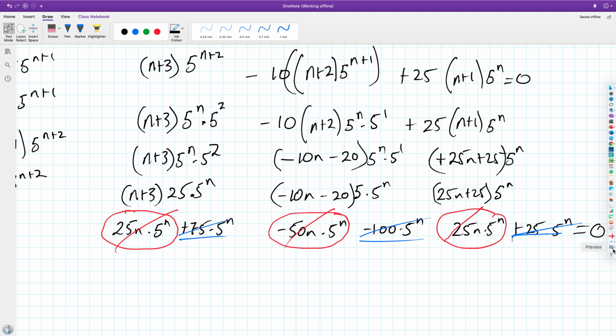Second term minus the first is equal to the third term minus the second. Is that right? Second minus the first is equal to third minus the second. This information is too important for what we need next.